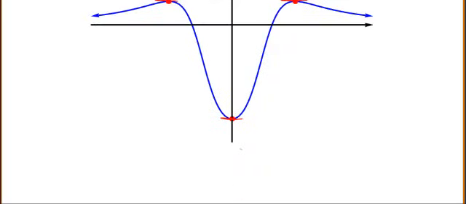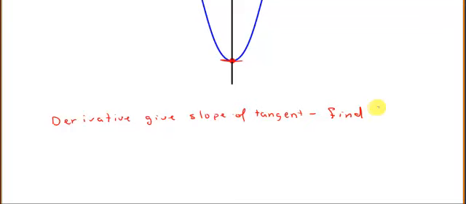All right, well, let's outline a strategy for solving this problem. Remember, the derivative tells us the slope of the tangent. So we want to find f prime.